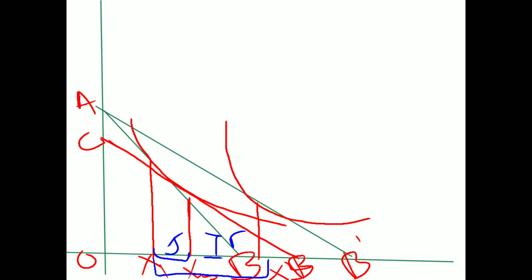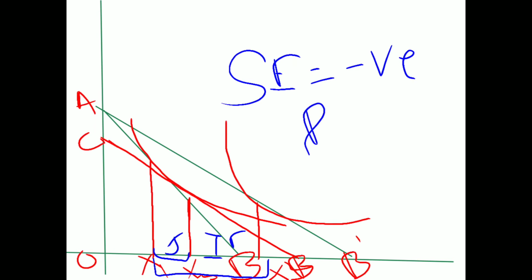In this case, substitution effect is negative. Negative substitution effect means when the price of the commodity decreases, the quantity of the commodity increases. There is an inverse relationship between price and quantity of commodity.